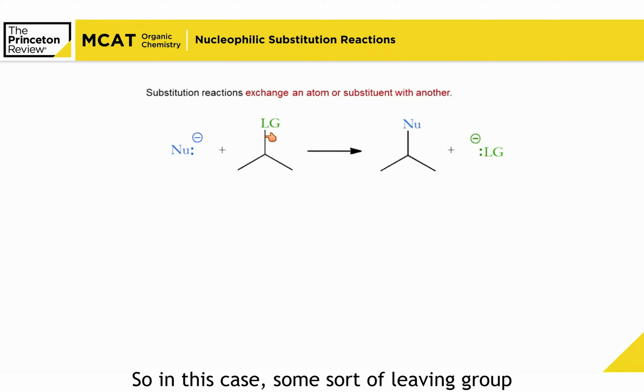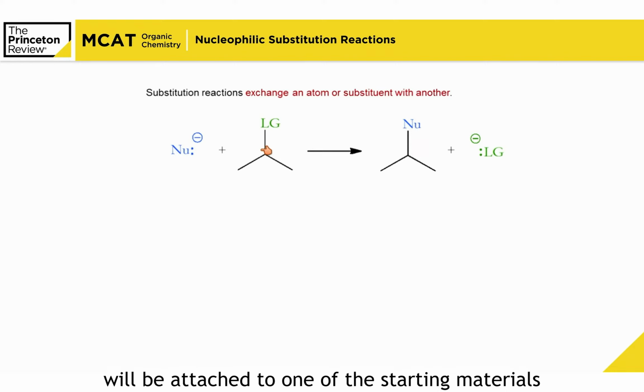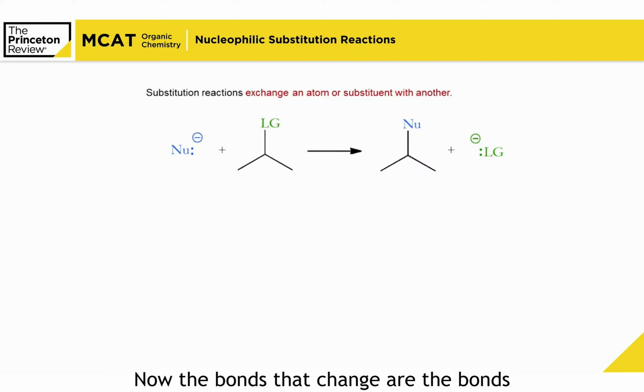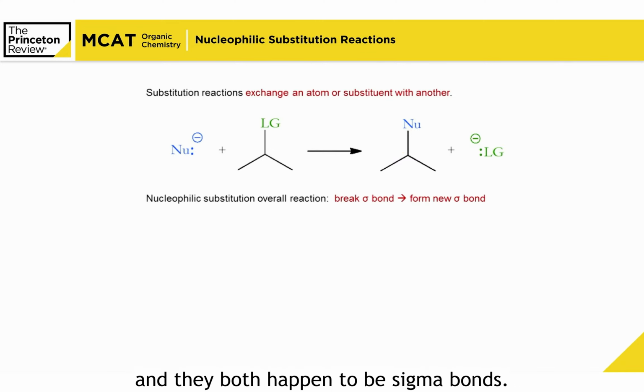In this case, some sort of leaving group will be attached to one of the starting materials and will get displaced by an incoming nucleophile. Now, the bonds that change are the bonds to those leaving groups and nucleophiles, and they both happen to be sigma bonds.